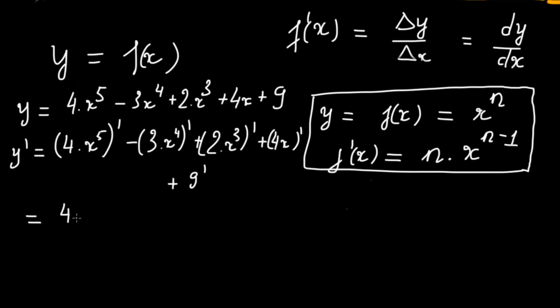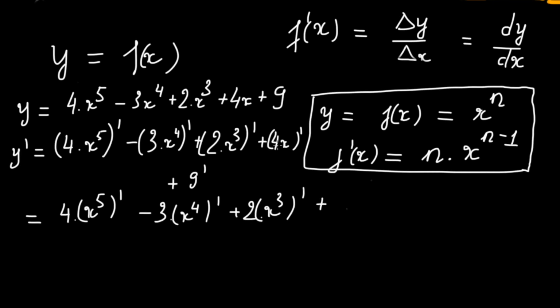You can put 4 outside and then x to the 5th prime right here. Similarly, 3 you put outside, and then x to the 4th prime. Similarly, we put 2 outside, and then x to the 3rd prime. And then 4 you put outside, and then x prime here. And then 9 prime is 0, because the derivative of any constant term is 0.